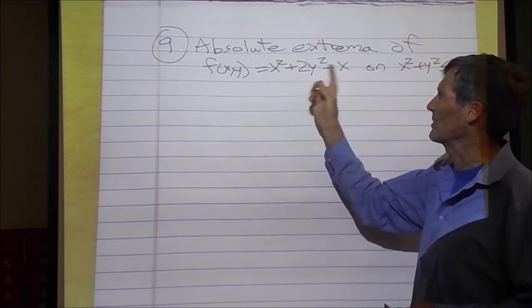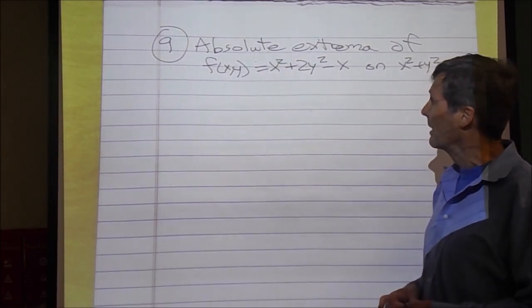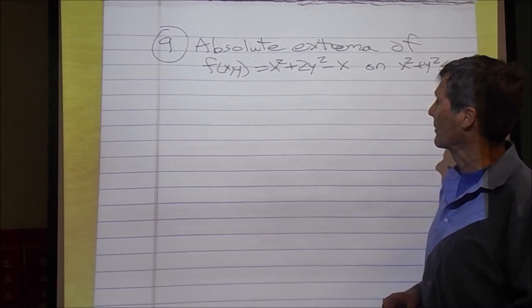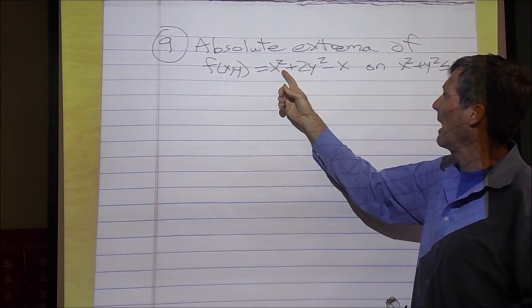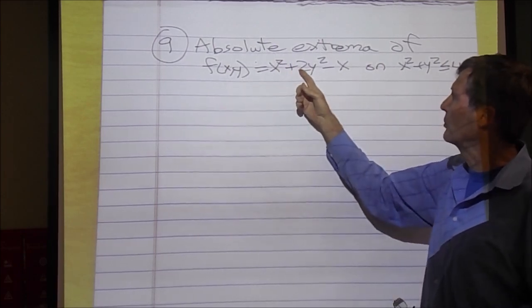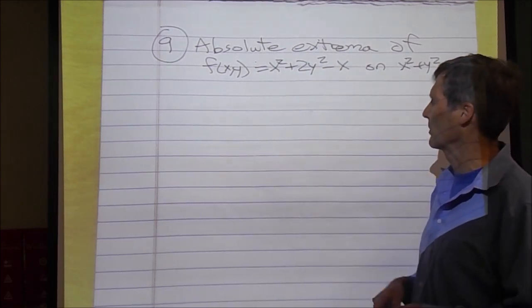What kind of surface is this? If you complete the square in x, you'll find out this is actually an elliptic paraboloid. You can write this as z equals x minus a half quantity squared plus 2y squared minus a quarter.